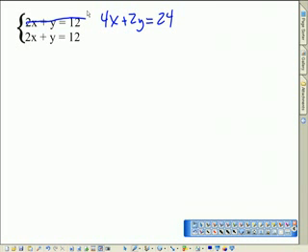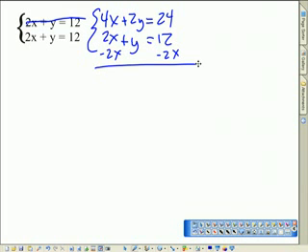So if this were the original problem right here, I would solve for this y down here, correct? That's what I'd rearrange for. So I subtract 2x from both sides, and we just want to see what happens. y equals negative 2x plus 12. So I'm going to substitute in this negative 2x plus 12 for the y right there.